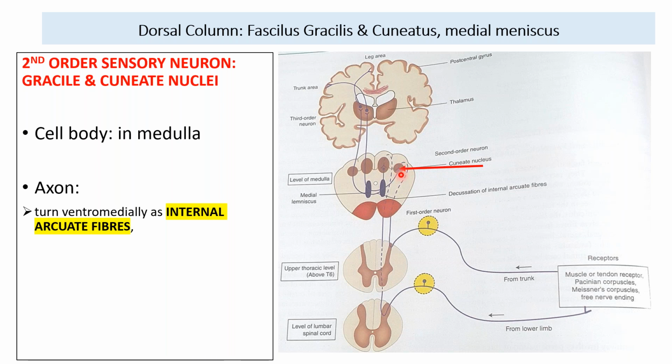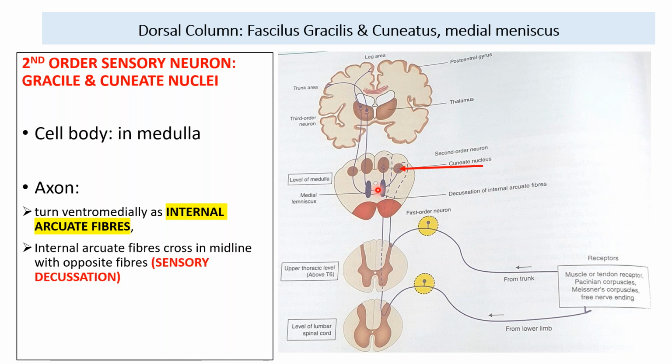So I think you are understanding how they are synapsing over here. And when they have synapsed, the axon of this second order neuron will turn ventromedially. You can see this is the anterior aspect, this is the posterior aspect. So this fiber is turning anteriorly and medially, and when it turns, this axon is now termed the internal arcuate fibers. So the internal arcuate fibers now have to cross.